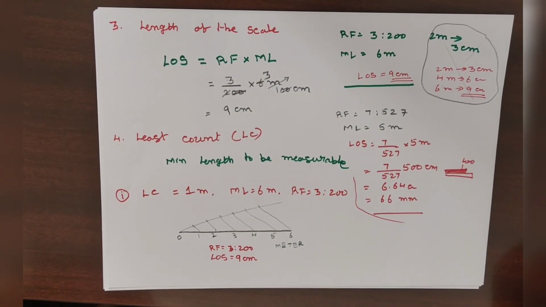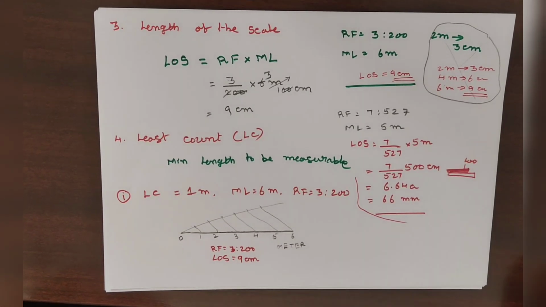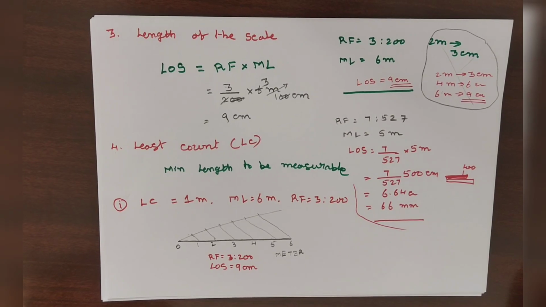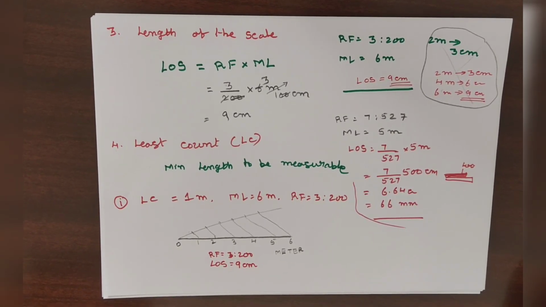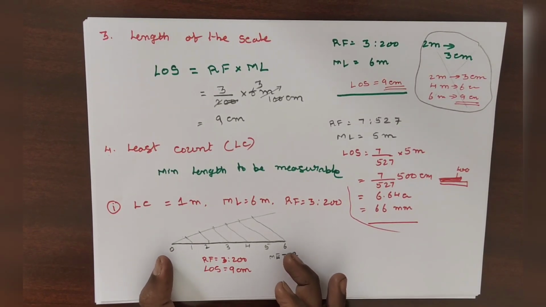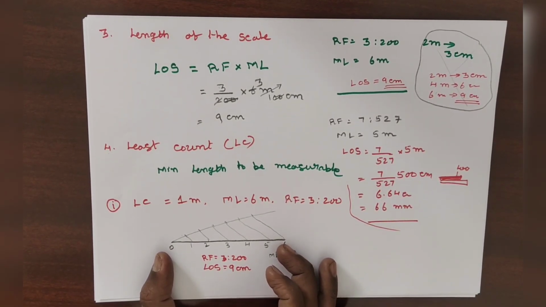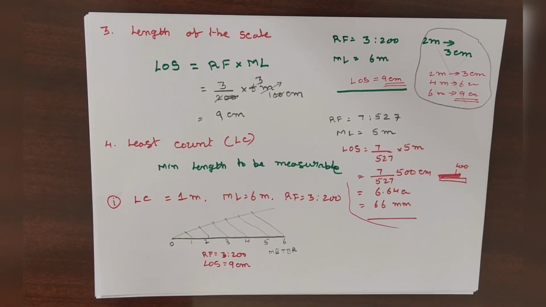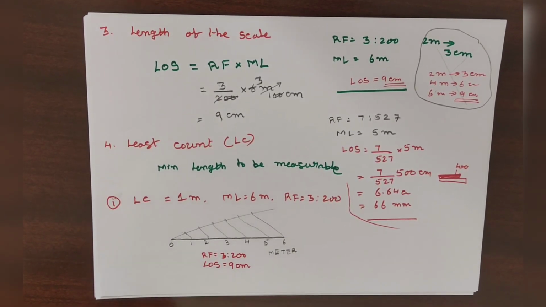Sir, this is the easiest one. There is no need to go ahead with any concept, because maximum length is 6 meters and least count is 1 meter. So if this length is representing 6 meters, in order to get 1 meter, you have to divide it into 6 equal parts. So what dimensions can we measure with this particular scale?